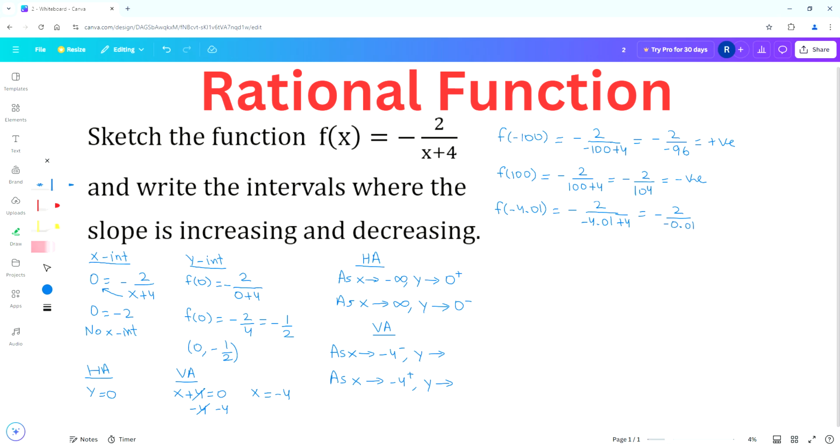This fraction has a positive value. Therefore, on the left side of the vertical asymptote, y approaches positive infinity.